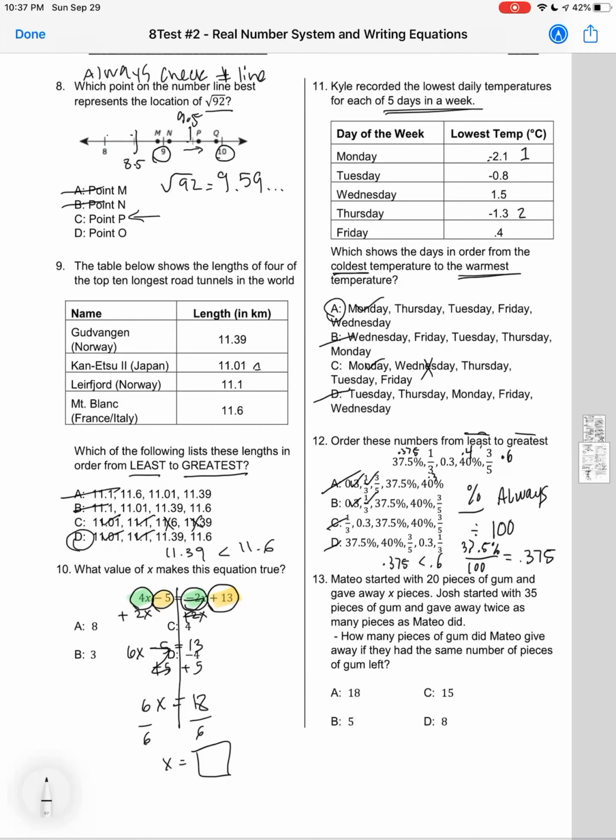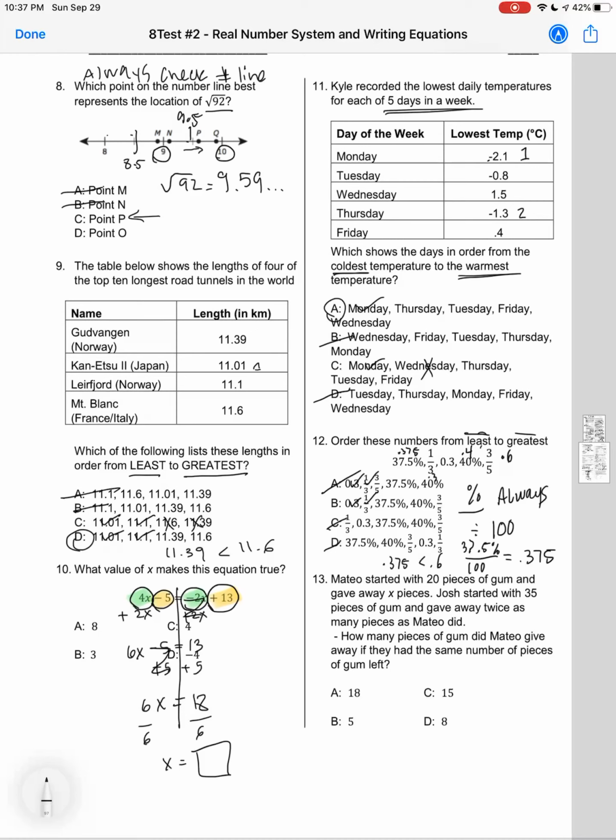Mateo started with 20 pieces of gum and gave away x pieces. Josh started with 35 pieces of gum and gave away twice as many pieces as Mateo did. How many pieces of gum did Mateo give away if they had the same number of pieces of gum left?